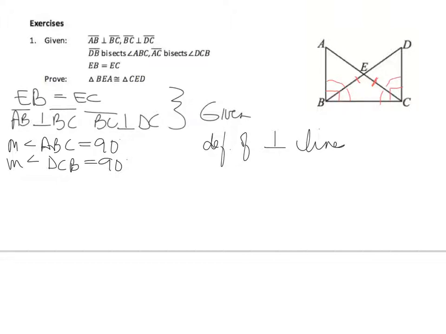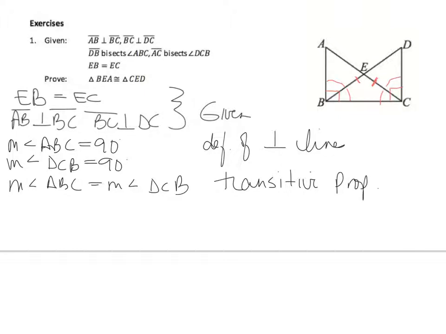Because they are both 90 degrees, you can also say that they are congruent, so the measure of ABC equals the measure of DCB. That could be the transitive property, or substitution sometimes works for that. So we know ABC and DCB are congruent.